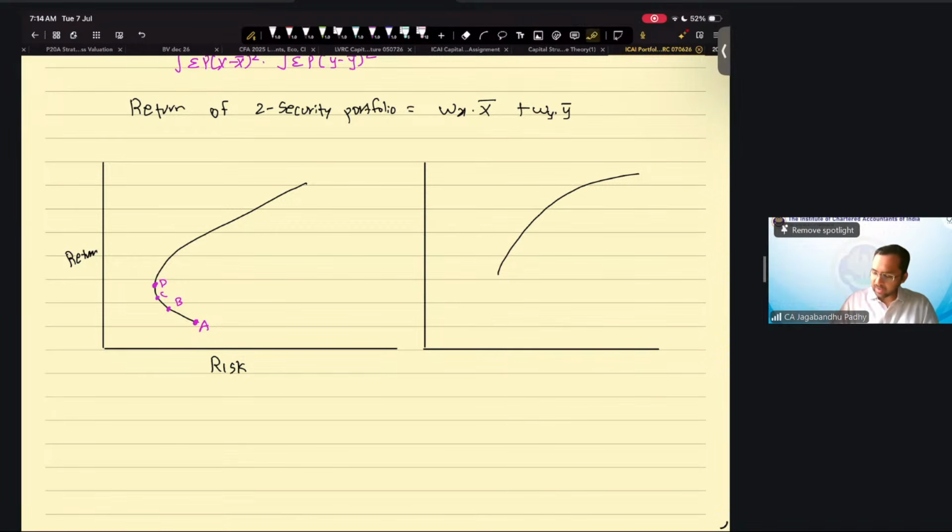And what is this line called, the collection of all the efficient portfolios or securities? What's the name for this curve? What do we call this curve, which is a collection of all the efficient portfolios?